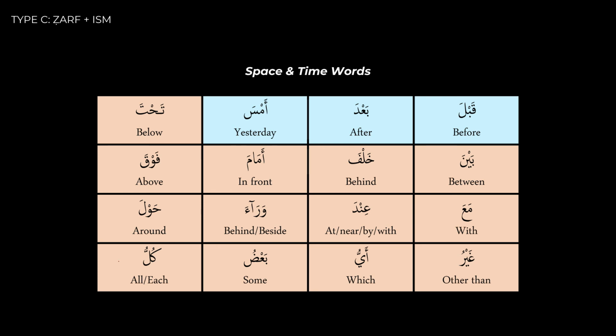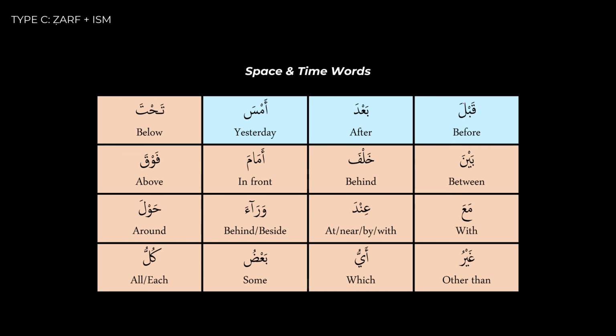So whenever one of these comes first, know that you're automatically going to be dealing with a mudaf. If you see any one of these words, you'll know right away it's a mudaf. And since it's a mudaf, it will never have alif lam, nor will it be in a state of tanween, right? It's always going to be serving as a mudaf in that way.